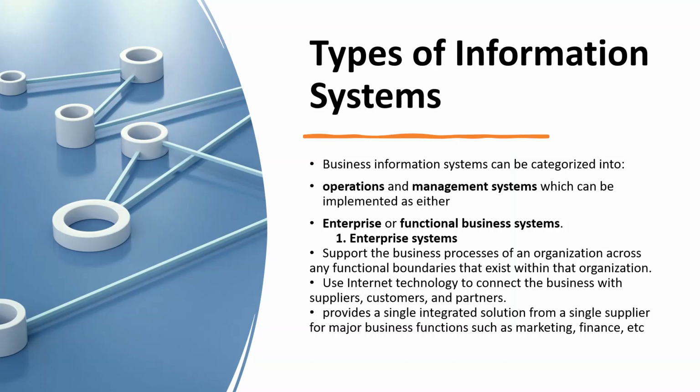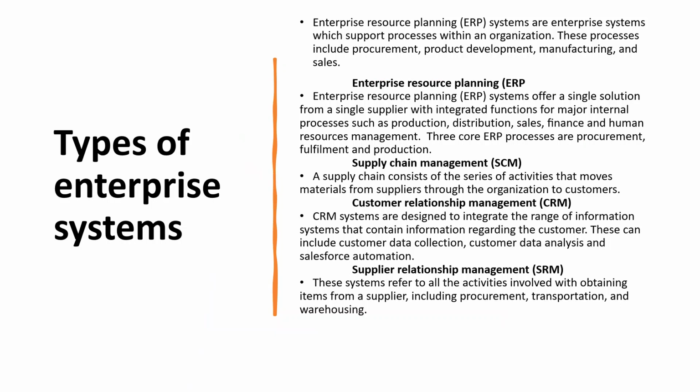So you're talking of customers, suppliers, partners, and all that. They are integrated systems that support those functions across the organization, and then provide a single integrated solution, where, for example, an organization can integrate with their suppliers in the various business functions that they have.